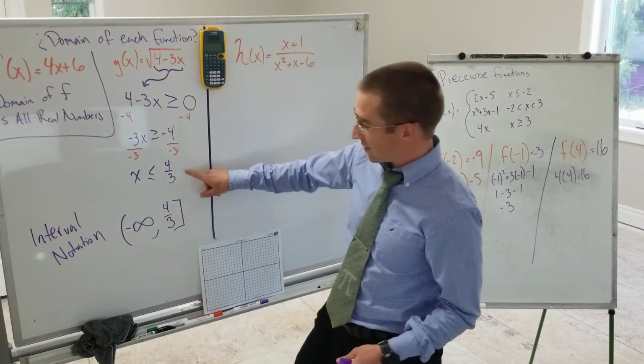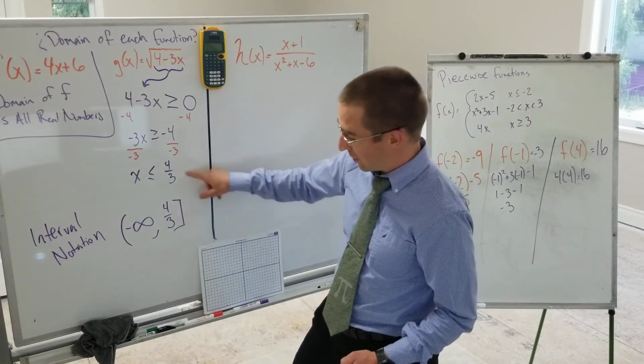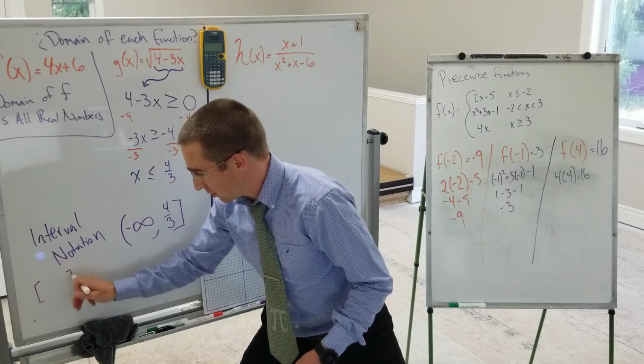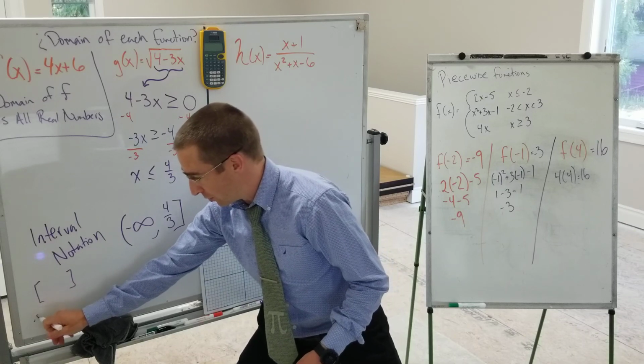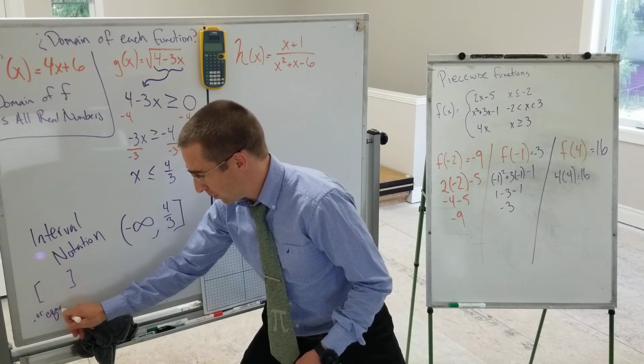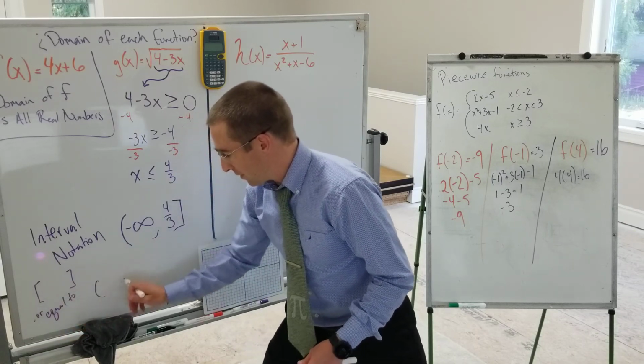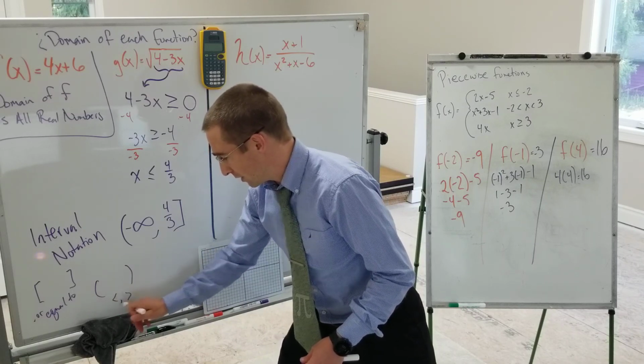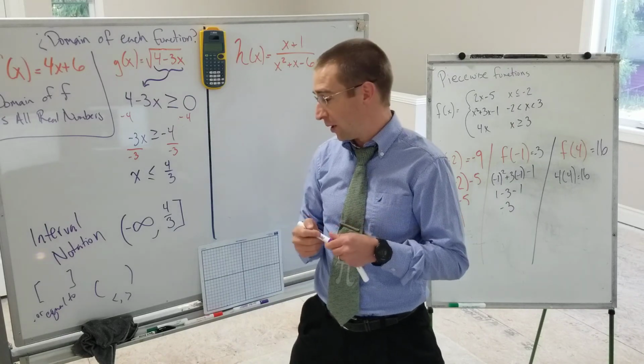All right, so these mean the same thing. The bracket in interval notation means less than or equal to, or greater than or equal to. The parentheses are like that without the equal to, strict inequalities.